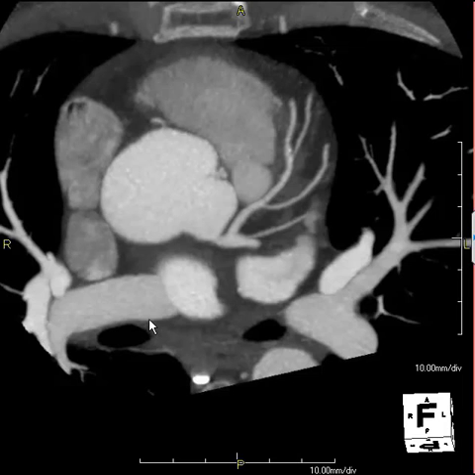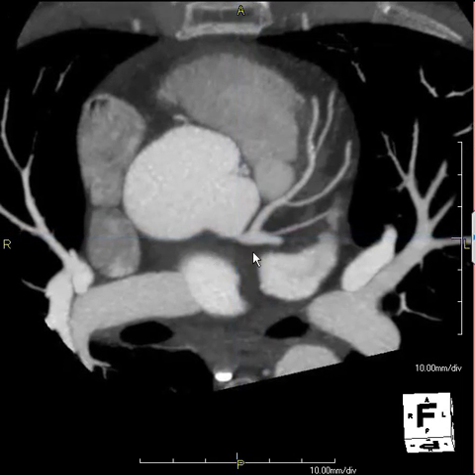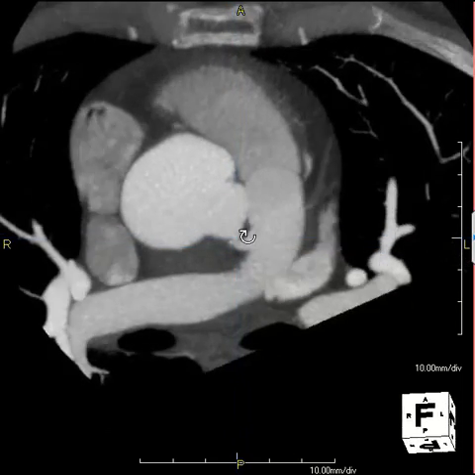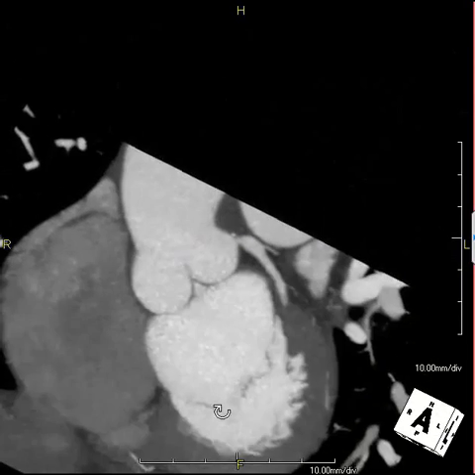We now proceed to look at her coronary arteries, commencing with the left main. You have to be very careful when reviewing the left main, because often in very small vessels you may miss specific areas.